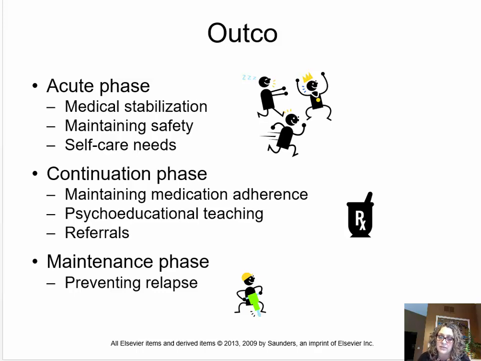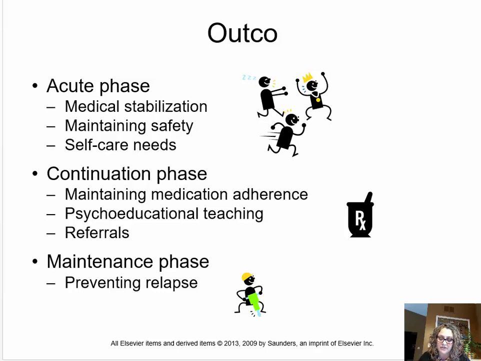They need sufficient sleep. They need to demonstrate self-control with the help of staff or medications, as evidenced by the absence of harm to self or others. And then another goal should be that they make no attempt at self-harm or harm of others.